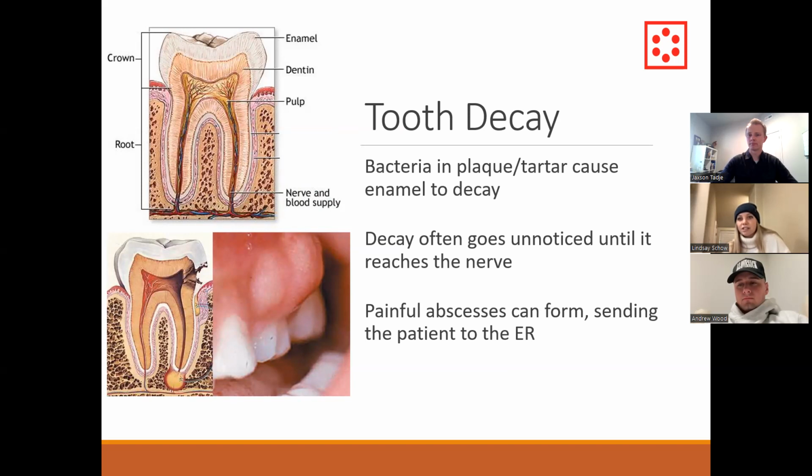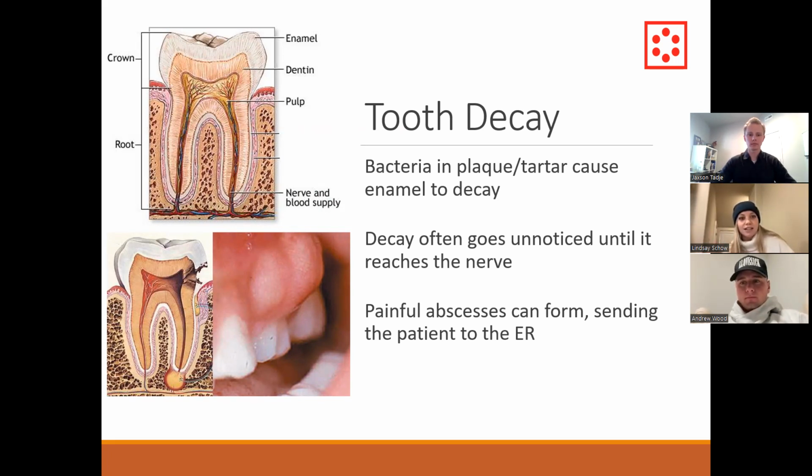And then tooth decay can happen if we have those like gingivitis and periodontal disease. That will be due to the enamel that gets damaged. The enamel is what covers the tooth, and that's the protective layer. You often won't notice that it is damaged until you do feel the pain.